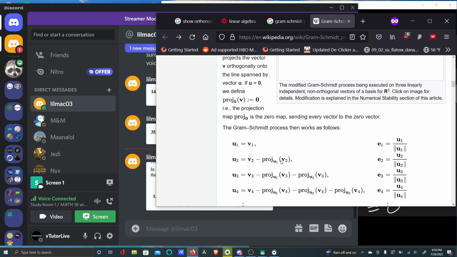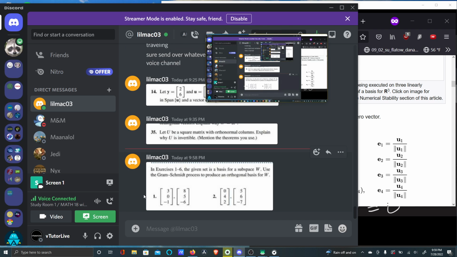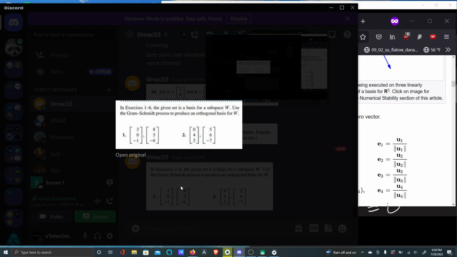Yeah, it's number 2. The way he taught us was to make a vector out of the given ones, right? And then we apply this. The given set is a basis for a subspace.